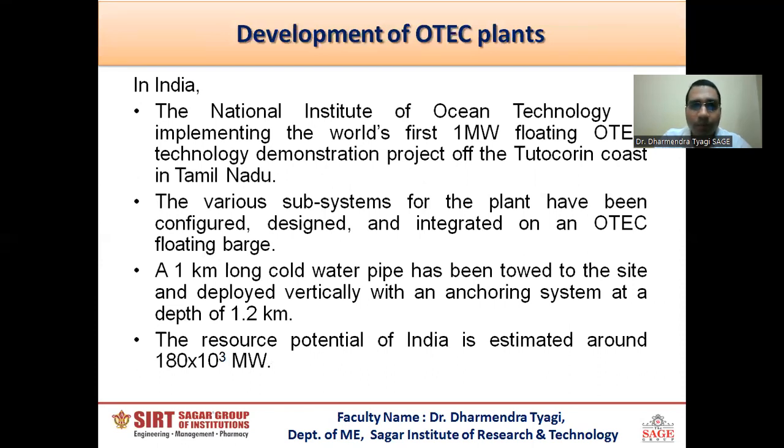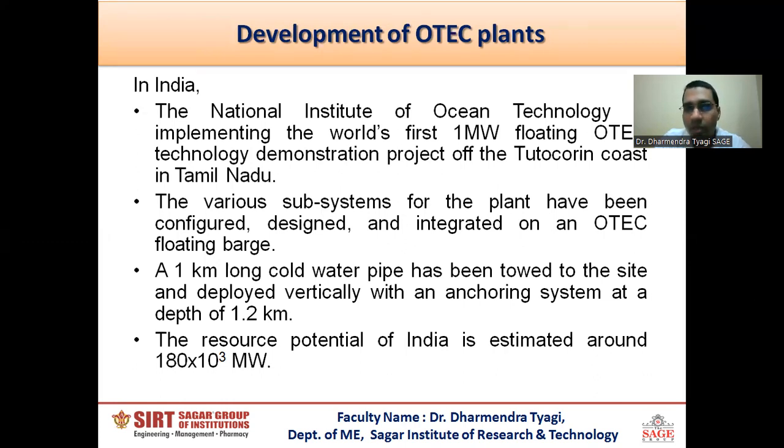But in India, the National Institute of Ocean Technology is implementing the world's first megawatt floating OTEC technology demonstration project off the Tuticorin coast in Tamil Nadu. The various subsystems for the plant have been configured, designed, and integrated on an OTEC floating vessel.